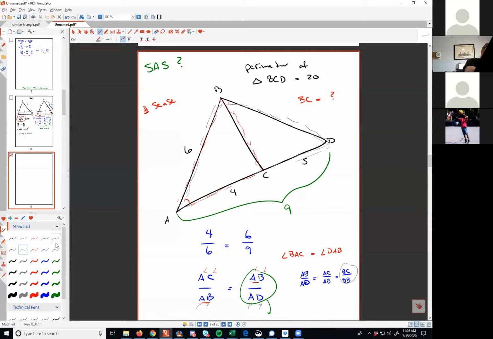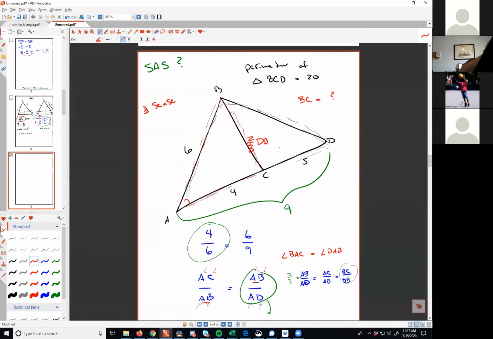What we have are ratios. And remember, we know the ratio of similitude. AB to AD is equal to 2/3. That's 6/9. So BC over DB must be that same ratio. If we wanted, we could rewrite BC as 2/3 of BD.